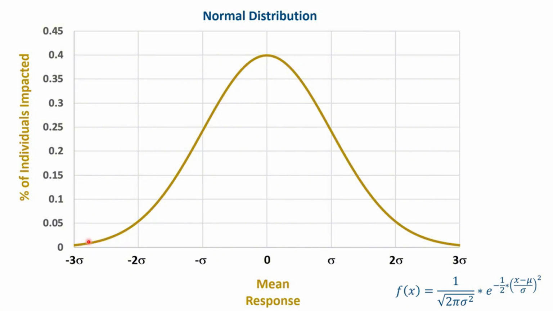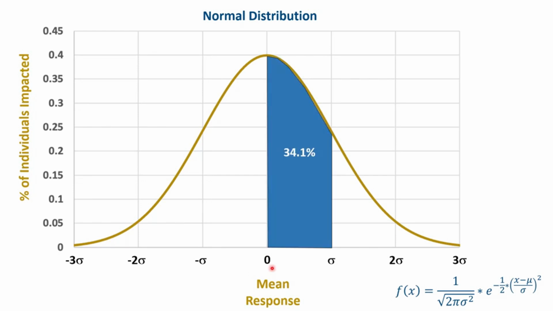When we assume a normal distribution around a mean of 0, what we're saying is that within one standard deviation, we expect 34.1% of the population to fall into the response that differs between the mean response 0 and 1 standard deviation away from the mean.